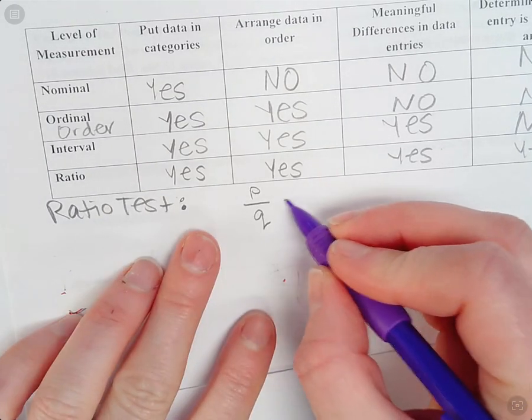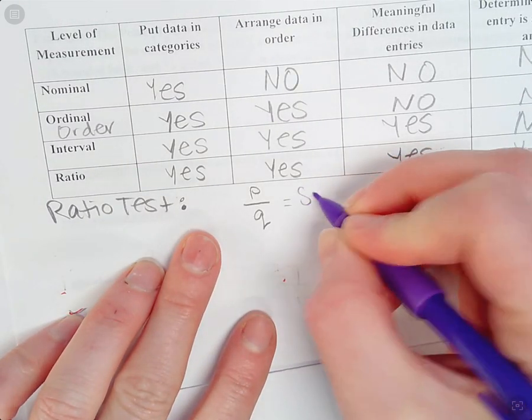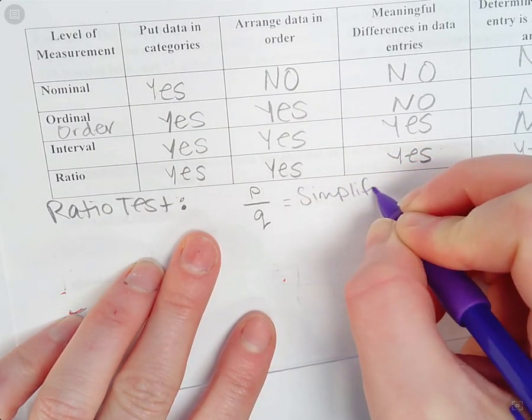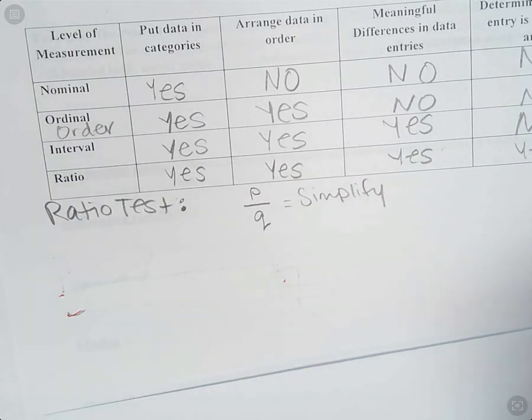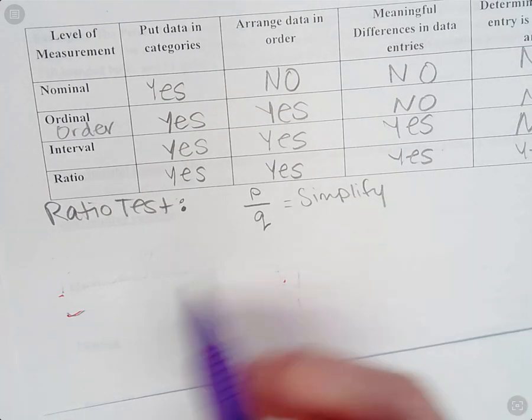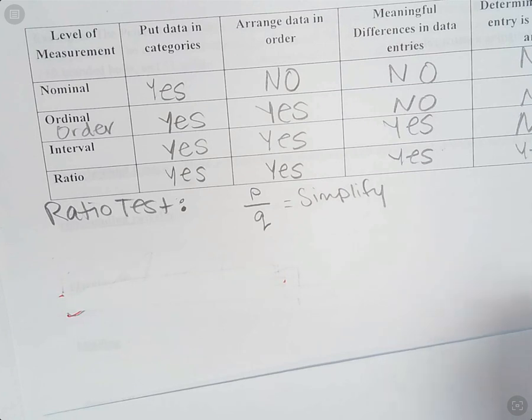And you can usually reduce it, right? So if you can take the data and write it as a fraction, divide it, and then simplify to get either twice or 3 times or something to show the relationship, then it is a ratio level of measurement.